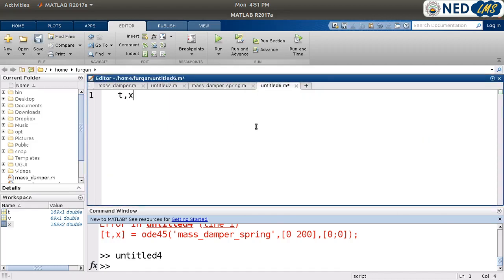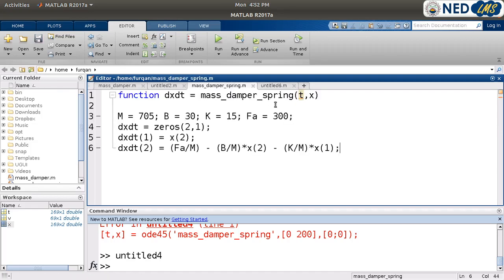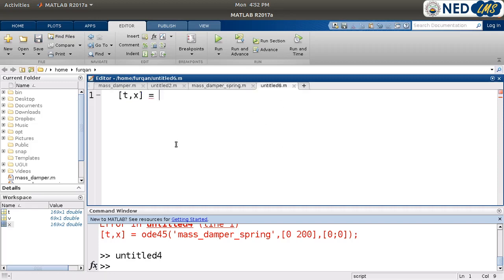T comma x variables will remain the same as we used here. ode45, bracket, name of the function: mass, damper, spring, time span.